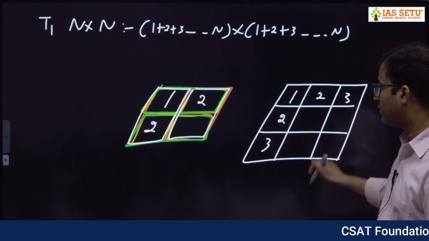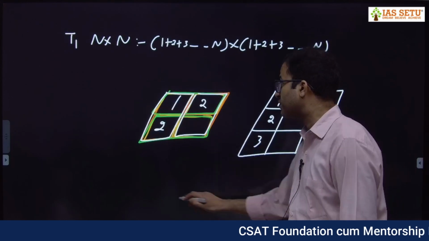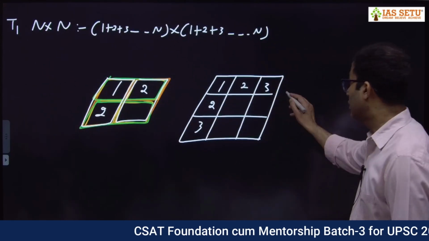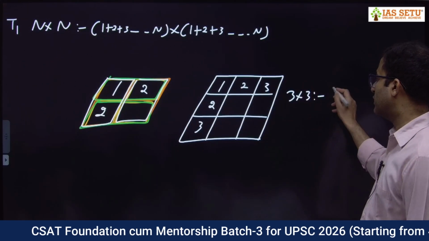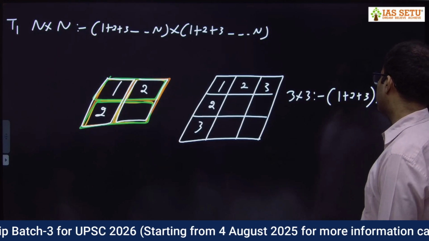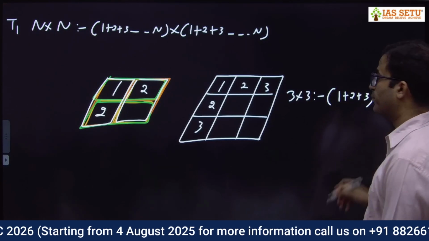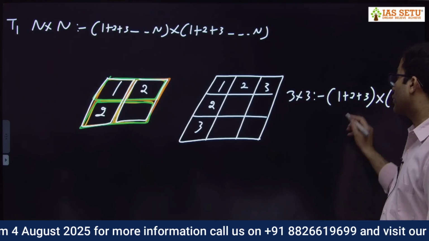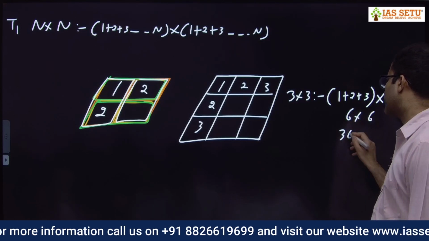Like here in this figure, if it is a 3 by 3 figure, our shortcut tells you bracket start 1 plus 2 plus 3 into second bracket start 1 plus 2 plus 3. So here it is 6 into 6, 36.